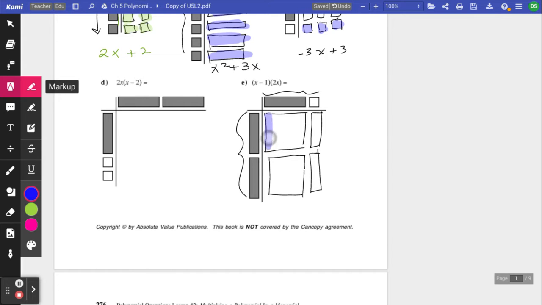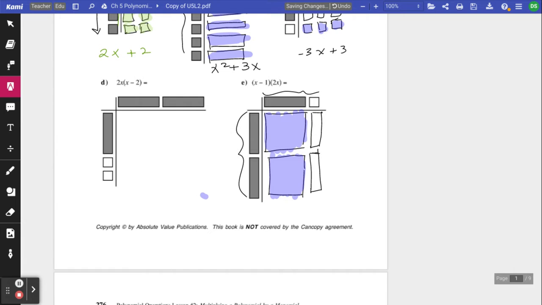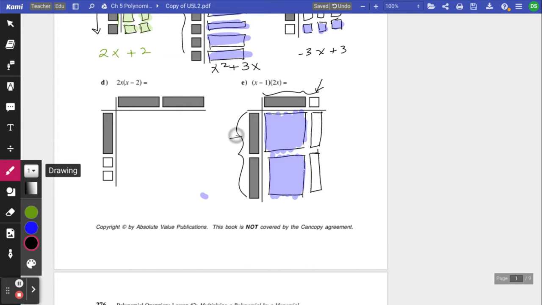So these are the same. They're going to be positive. Okay. But if they're different colors, we leave them. So this negative over here with this positive end up resulting in negative blocks. So our answer turns out to be 2x squared minus 2x's. Check this out.